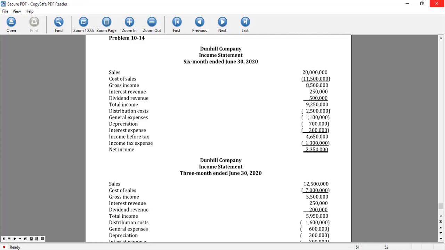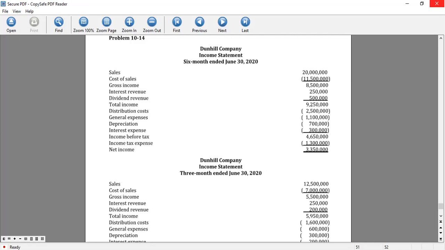That's from January to March. So what we are looking for starts from April. Okay, so we have now the difference, sales 20 million minus 7.5. So we have now sales of 12 million.